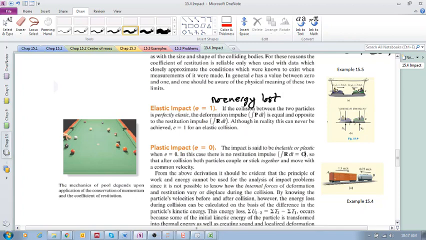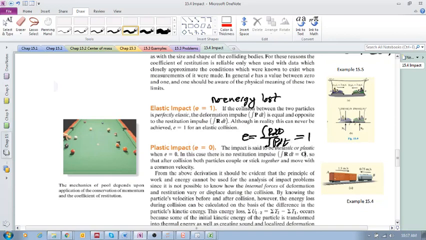It says specifically no energy is lost. What does that mean? Well, the integral of R dt divided by the integral of P dt is 1. It means that your restitution impulse is equal to your deformation impulse.